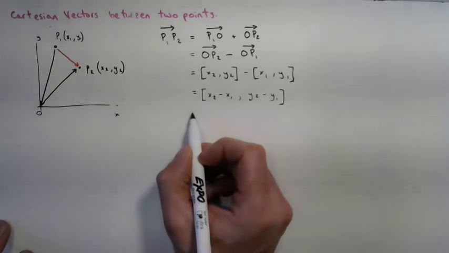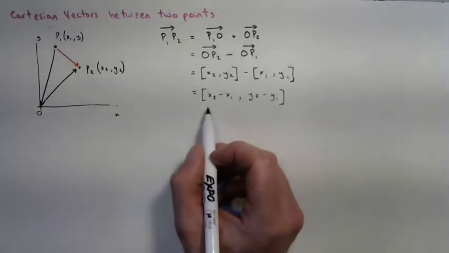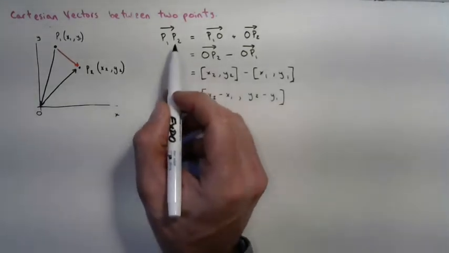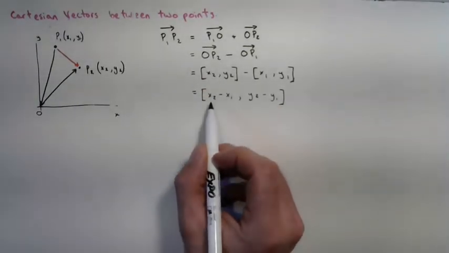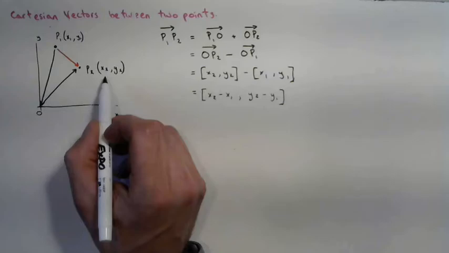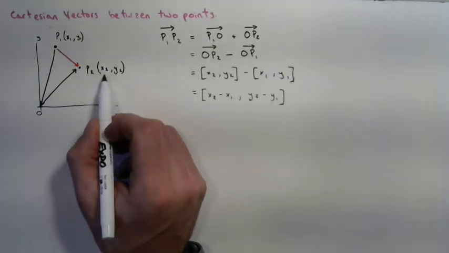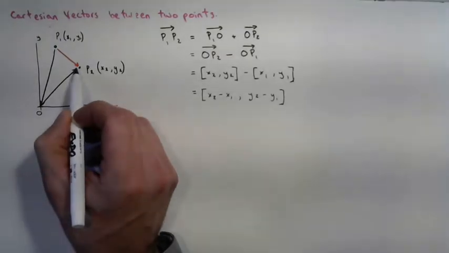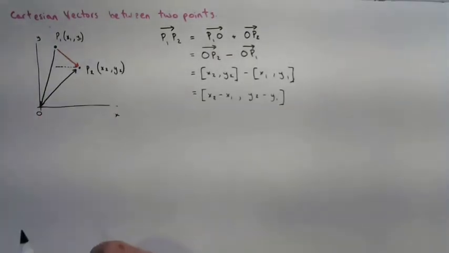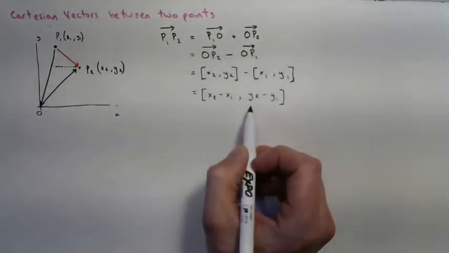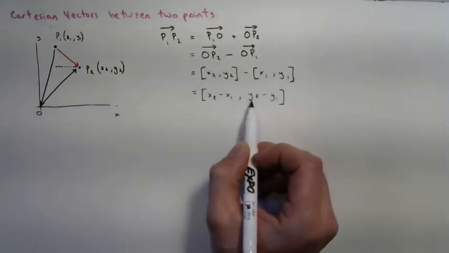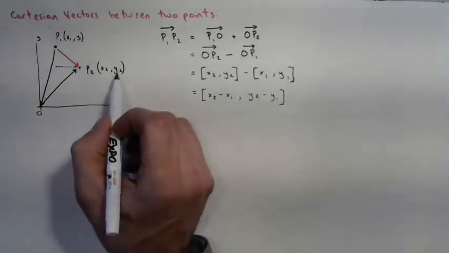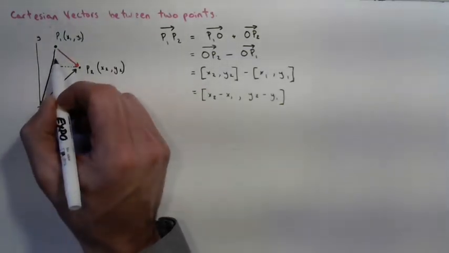And this vector P1P2 is simply the difference between the second horizontal coordinate and the first horizontal coordinate. And the y direction here is the vertical displacement, the difference between the second and the first.